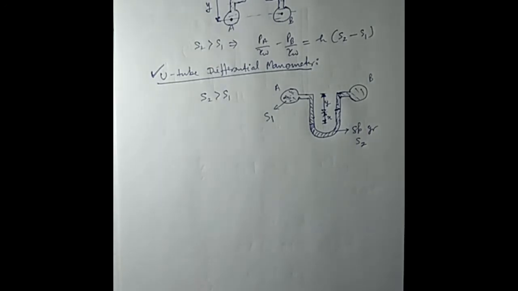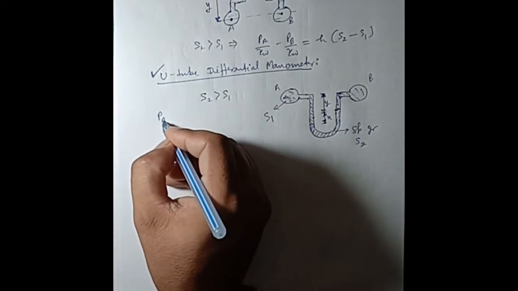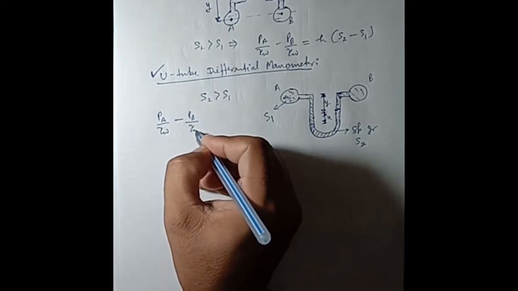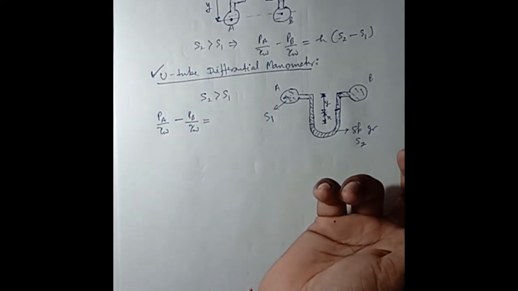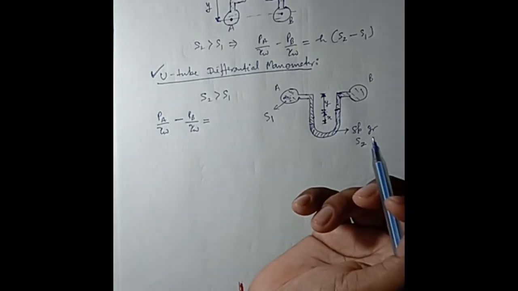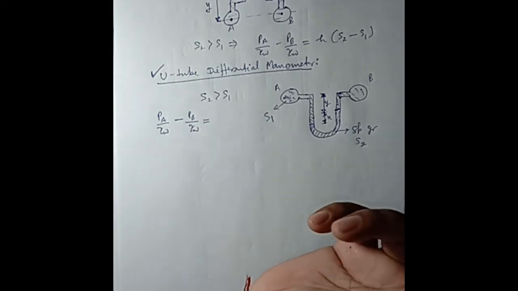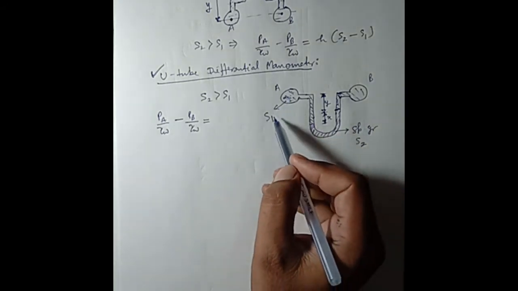The gauge pressure equation in this case is written as PA upon gamma W minus PB upon gamma W is equal to, because the specific gravity of limb A is lesser than specific gravity of limb B, but the U-tube manometer intakes the different types of specific gravity, that is the S2, and both the limbs are taken as the specific gravity of the fluid is S1.